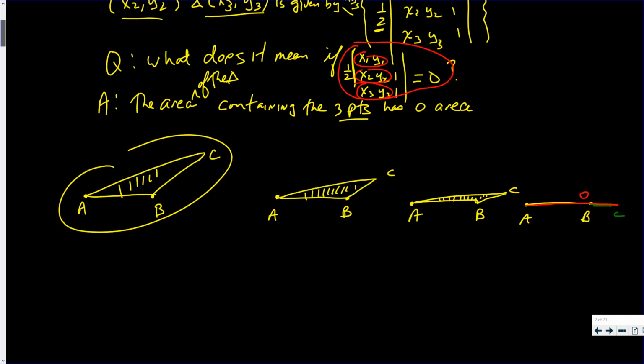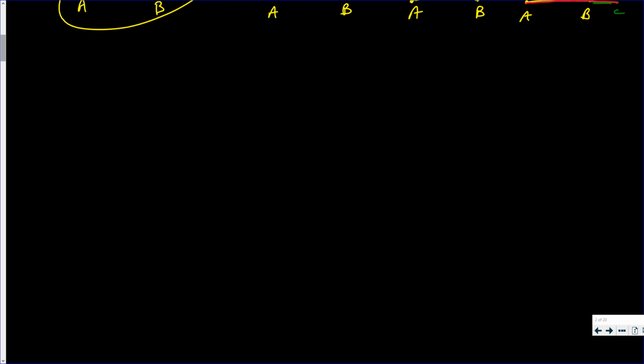Okay. Now, suppose we just have 2 points, x1, y1, and x2, y2.